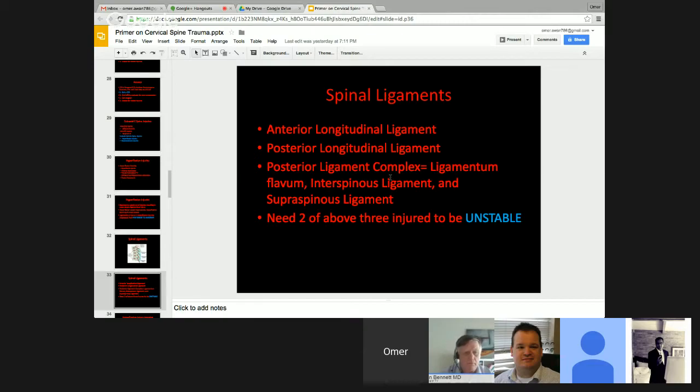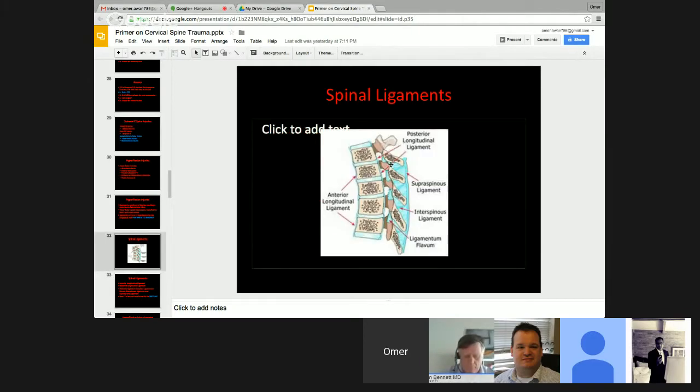So if you only have one column that's injured, like the anterior longitudinal ligament is disrupted, but nothing else is disrupted, that's not an unstable injury. If you have solely the posterior longitudinal ligament that's disrupted, that's not an unstable injury. Let's say the ligamentum nuchae is injured, the interspinous ligament is injured, and the ligamentum flavum is injured. Is that unstable?